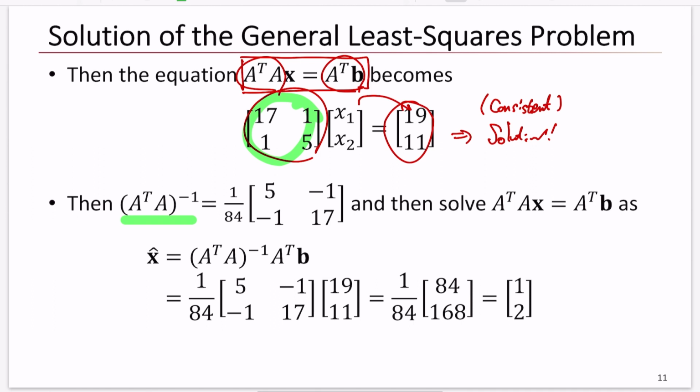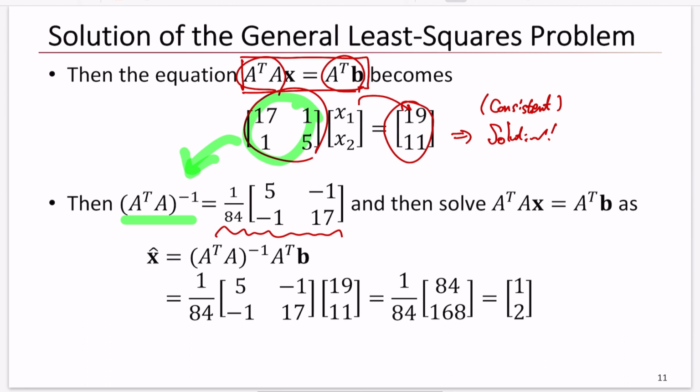We already talked about how to find the inverse of a matrix. Because this is the 2 by 2 case, we can easily find the inverse using the rule: one over ad minus bc times d, negative b, negative c, a. So it's going to be 1 over 84 times 5, negative 1, 17. You can just find the inverse of the matrix.